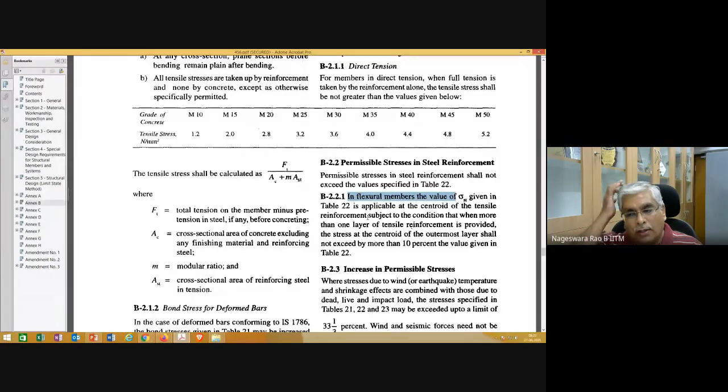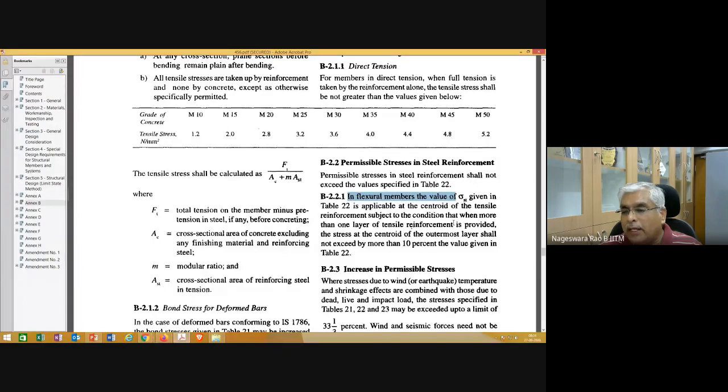If you have one layer of steel, then it should be at the centroid, subject to the condition that when more than one layer of tensile reinforcement is provided, the stress at the centroid of the outermost layer shall not exceed more than 10% the value given in Table 22.